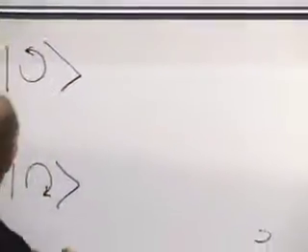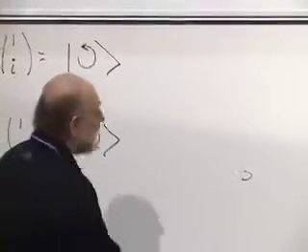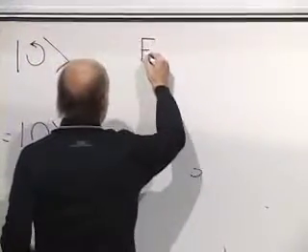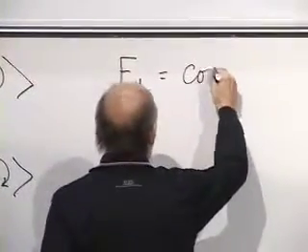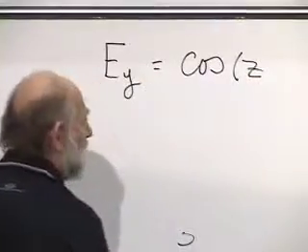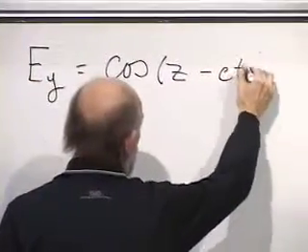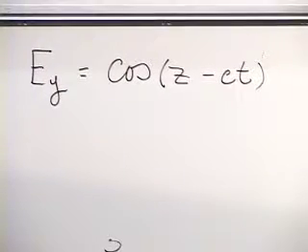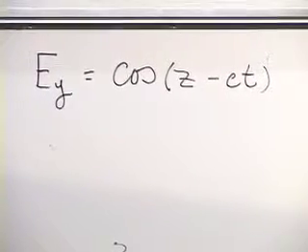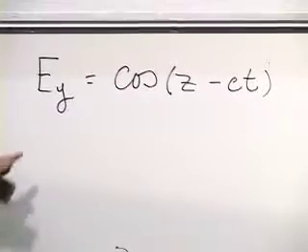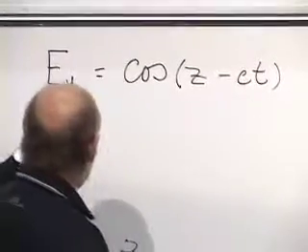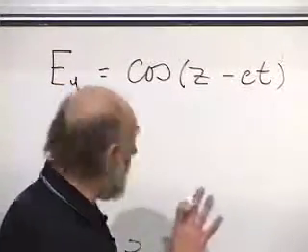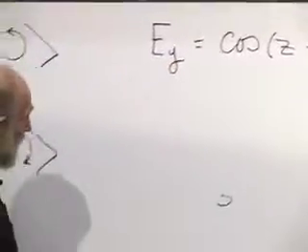Let's think about a vertically polarized light wave. That has an electric field which is something like, for example, cosine of (z minus ct), moving down the z-axis. Here c is the speed of light, so this is a wave moving down the z-axis with the speed of light, and this could be the y polarization, or the y component of an electromagnetic wave moving down the z-axis.